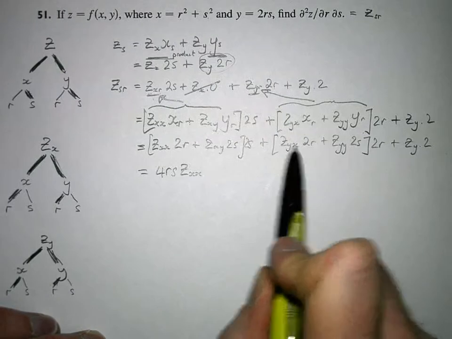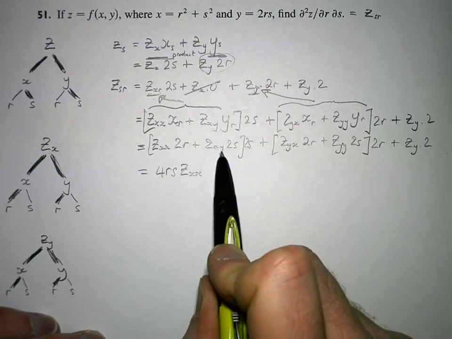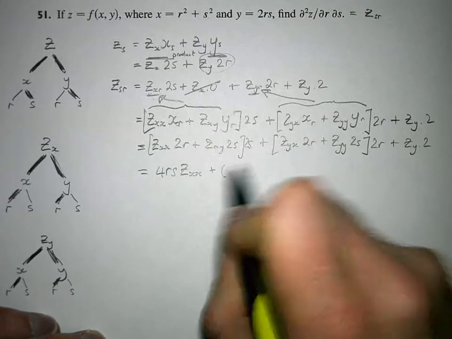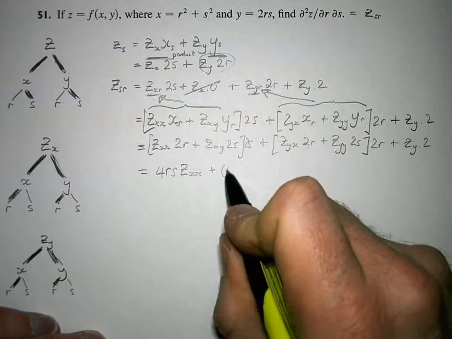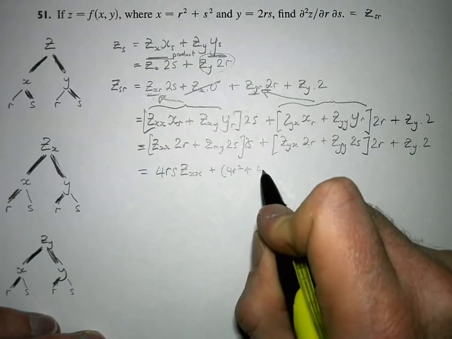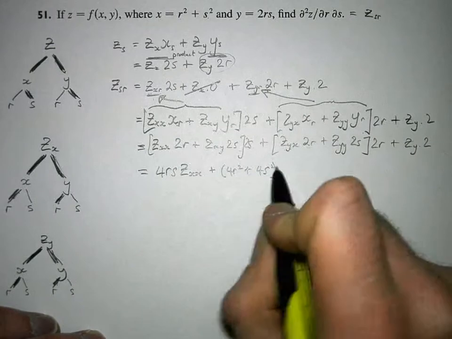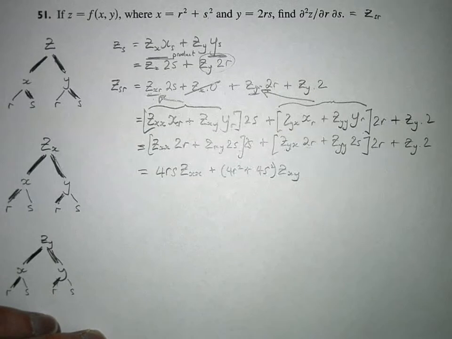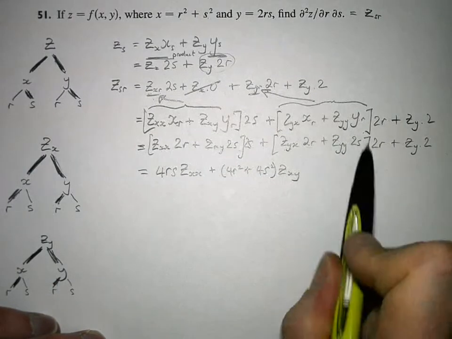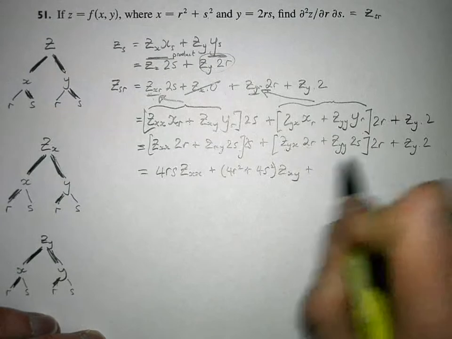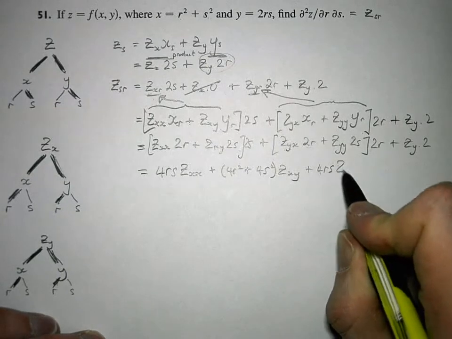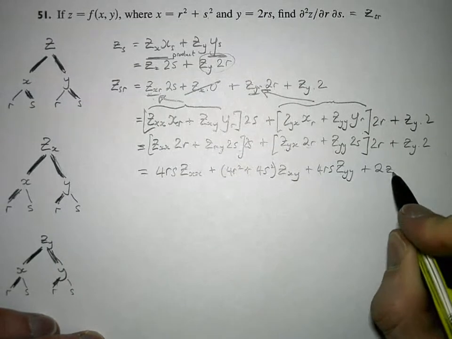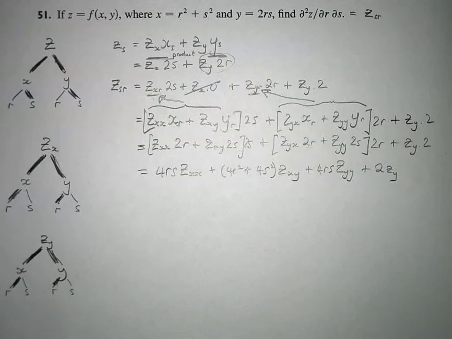And remember, Clairaut's theorem says that these two are the same, so we can write that as 4r squared plus 4s squared, that comes from there, and both of those are multiplied by z subscript xy. Then we've got this term over here, which is going to give us 4rs multiplied by z subscript yy, and of course don't forget about that little 2z subscript y over there. And that's your final answer.